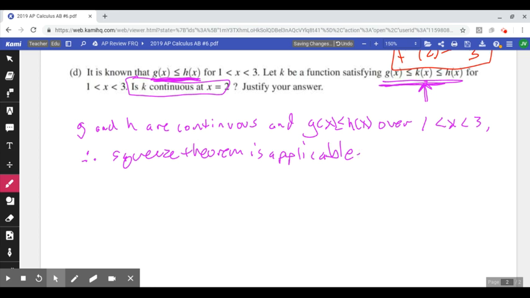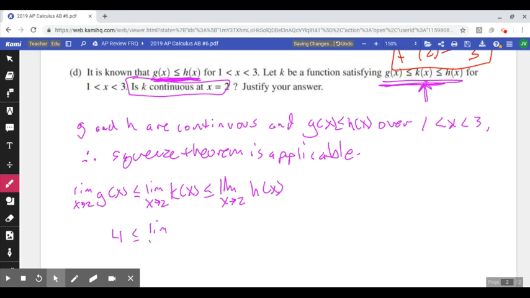And the squeeze theorem is going to state that the limit as x approaches 2 of g of x has to be less than or equal to the limit as x approaches 2 of k of x. We're just taking the limit of everything here. And that's going to be less than or equal to the limit as x approaches 2 of h of x. And of course, we know what those limits are except the middle one. We know the limit as x approaches 2 of g of x is the same as g at 2, which is 4.